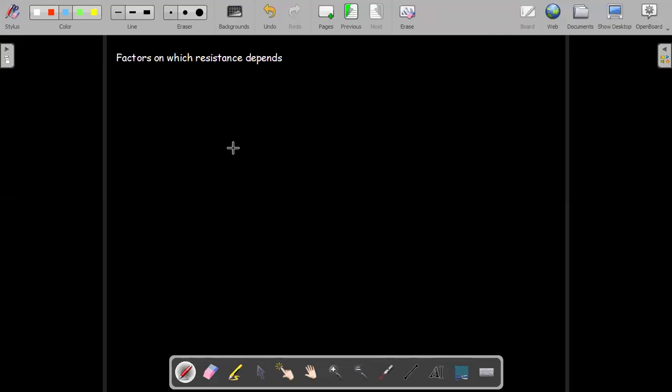So for any given resistor, suppose I have a resistor here. Let's say this is a resistor of length L and area of cross section A. So resistance depends on length of wire, and resistance also depends on area of cross section.